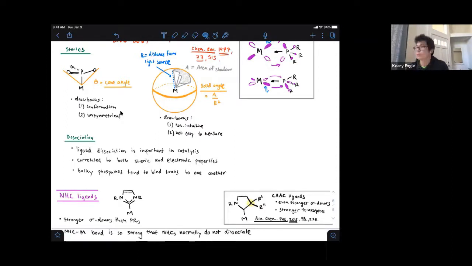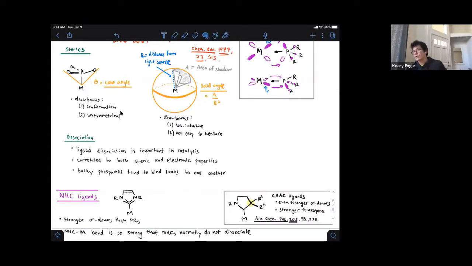This is the same principle. You're using the ligand as a hand puppet and paying attention to the area that's blocked in the shadow of a sphere of defined radius, and then the ratio of the area that's blocked out in gray versus the square of the radius that you're using defines the percentage of that sphere that's blocked by the ligand.